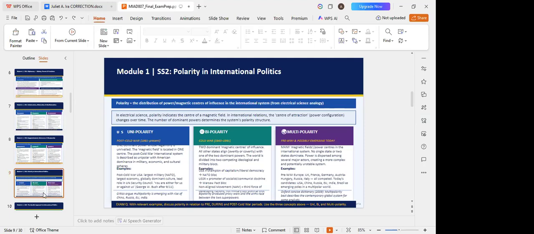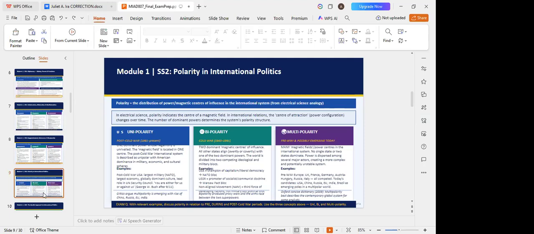Understand? While the third polarity of power in the international system is multipolarity. Multipolarity means that there are many forces or many powers dominating the international system. No single country or two countries dominate the international system because power is shared among different countries.